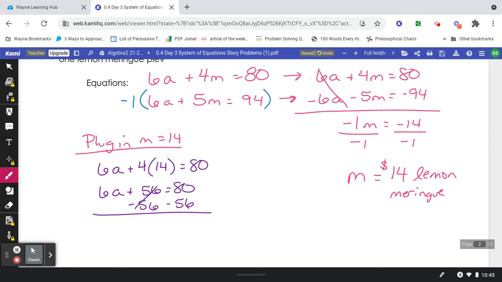Subtract. And at the end, divide. So it looks like the apple pies are only $4 and the lemon meringue pies are $14.